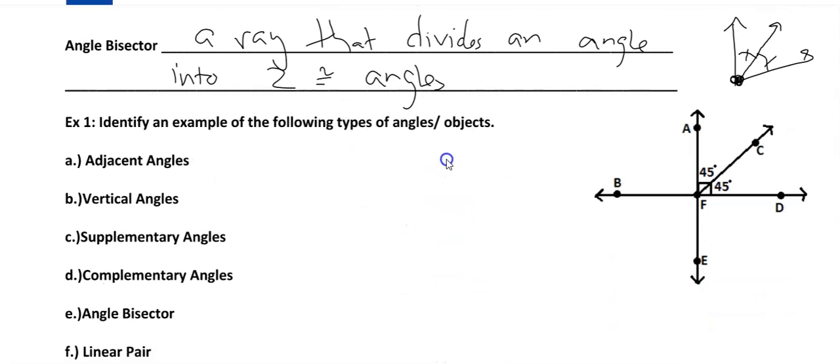Okay. So when we get down here, let's look at some examples. I'm going to give you an angle, and you have to figure out another angle that is either adjacent, a vertical angle, supplementary, complementary, or so on with that angle. So let's say we are talking about angle AFC.